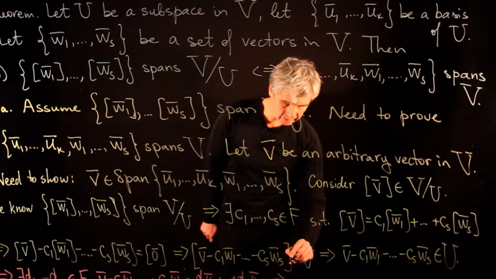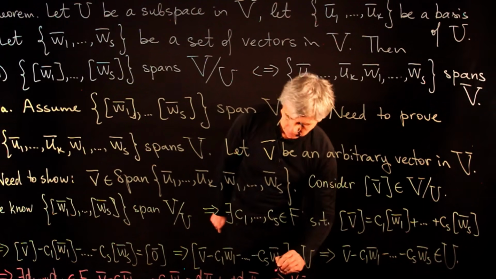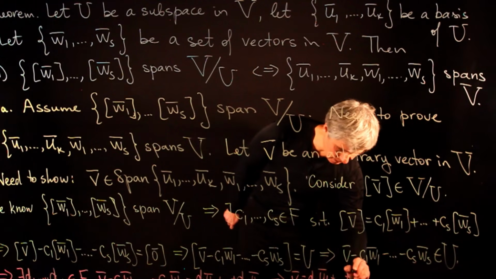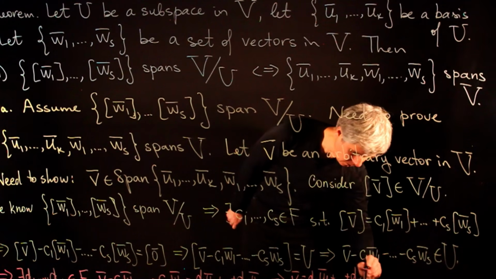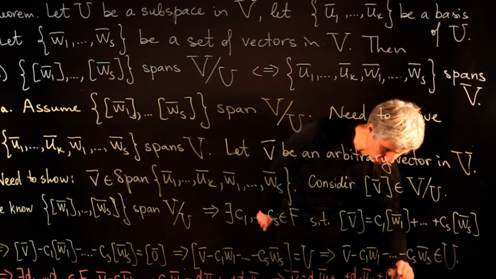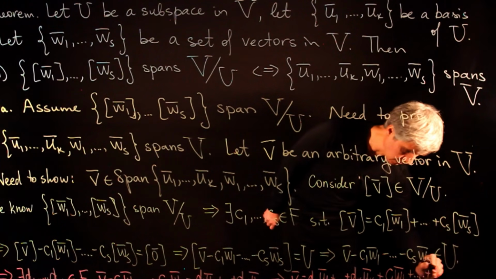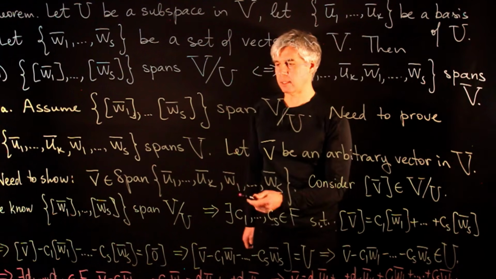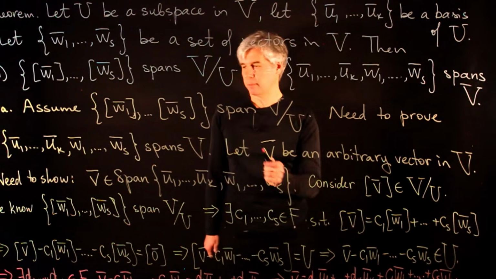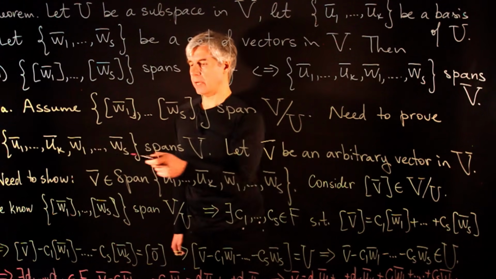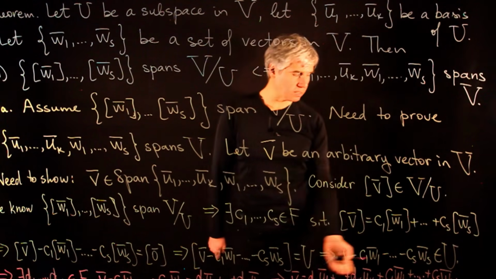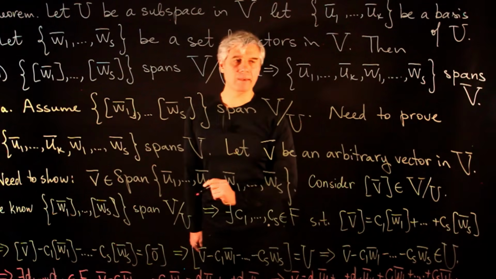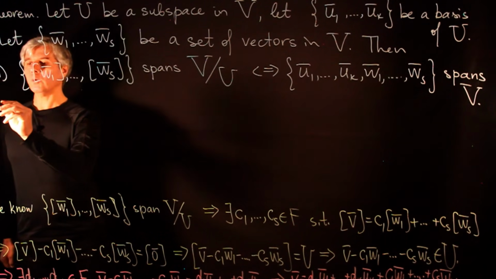And this tells us that the vector V is equal to D1 U1 plus DK UK plus C1 W1 plus CS WS. And this proves that our arbitrary vector V belongs to the span of this set of vectors, because we proved that it's a linear combination of this set of vectors. And this completes the proof of 1a. Now we need to prove the converse direction.